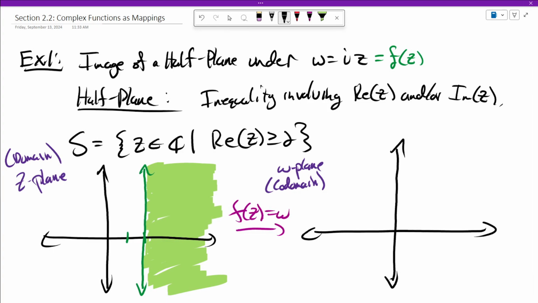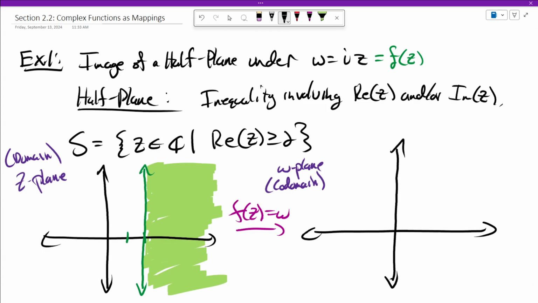Now, multiplication by i has principal argument pi over 2, and multiplication by i is therefore rotation by pi over 2, right? Because when you multiply complex numbers, you add their angles and you multiply their modulus.